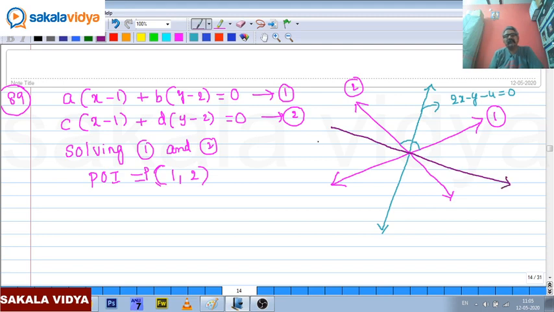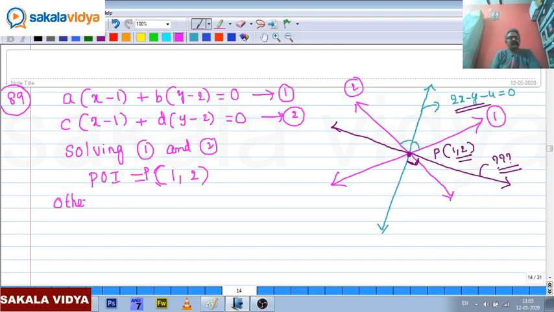Obviously, these two lines will be perpendicular, you remember, but both pass through the point P, that is 1 comma 2. The other angular bisector equation is the line perpendicular to 2x minus y minus 4 is equal to 0 and passes through 1 comma 2.